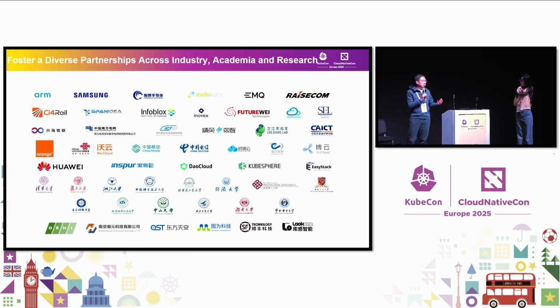Some are technical startup companies, and some are big companies. In addition, we have more and more universities because many professors and students are evaluating our technologies. And then we have some research institutions. So here, we hope to foster very diverse, different dimensions for the community and the partnership.